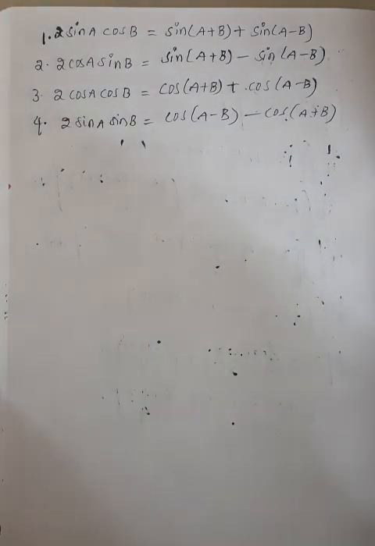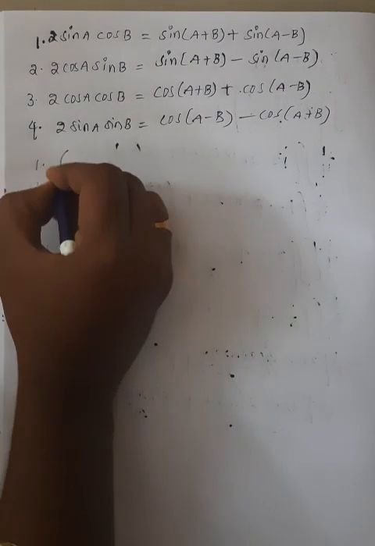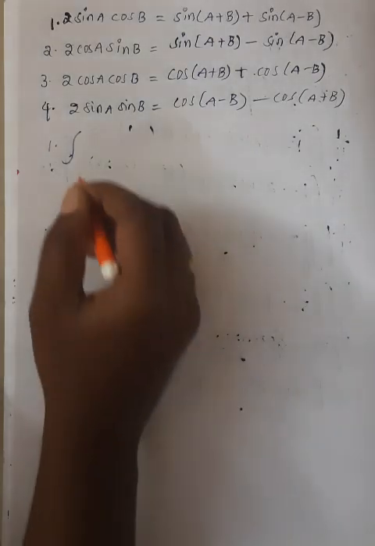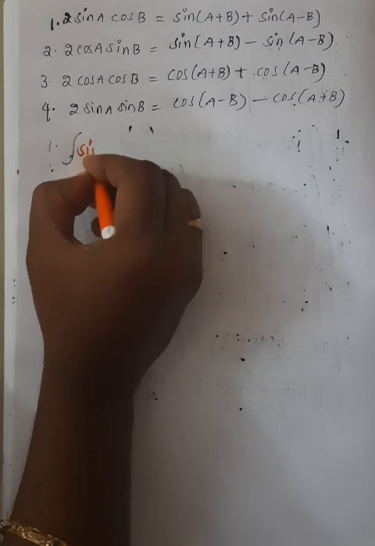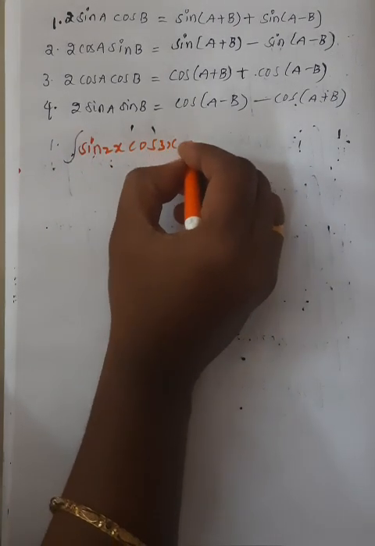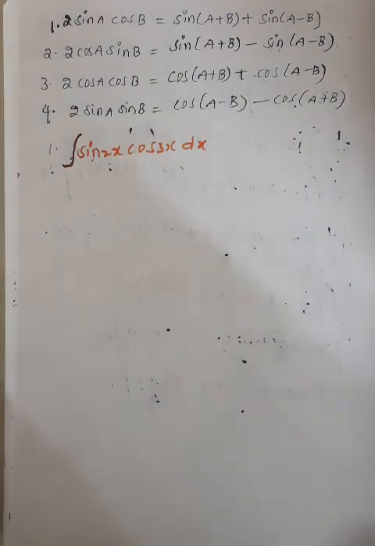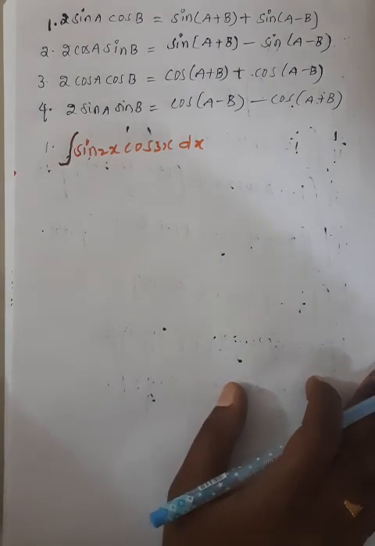Now let us solve one question. First one, integration of sin 2x cos 3x dx. So here, in order to solve this question, first of all we have to use the formula of 2 sin a cos b.